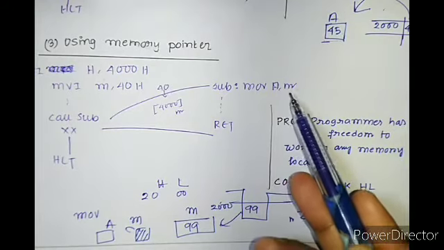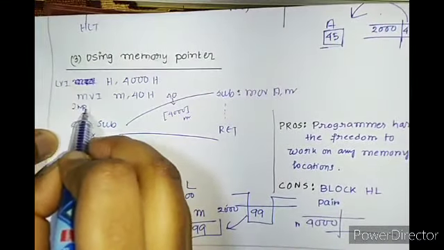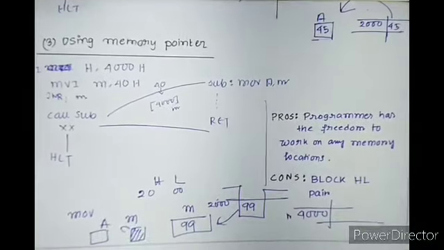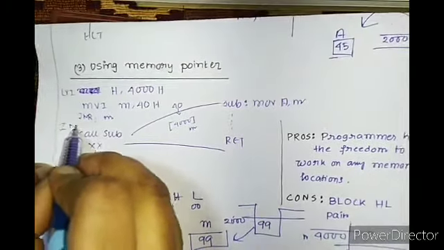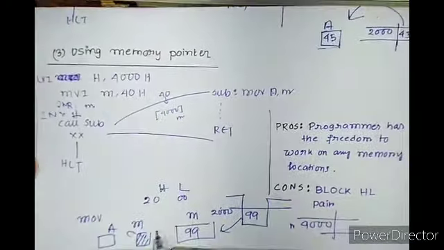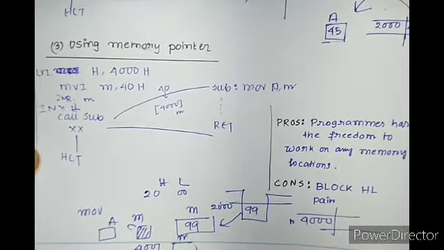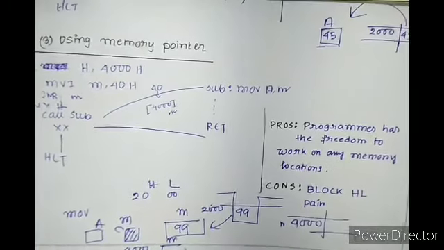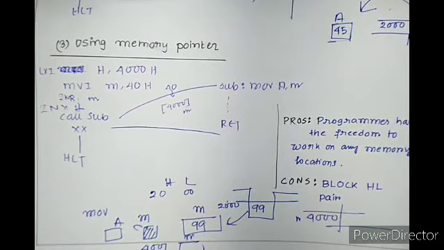I've just moved the data from M to A. If you don't want 40, then just change it. Suppose you do INR M, and your M will become 41. You want data from another memory location? Just do INX H. Now HL will get 4001, and your M will hold the data from 4001. So the advantage is initialize once and you can use it many times.